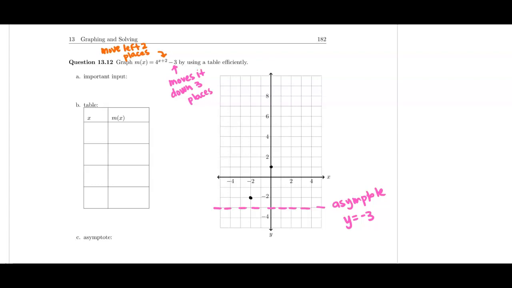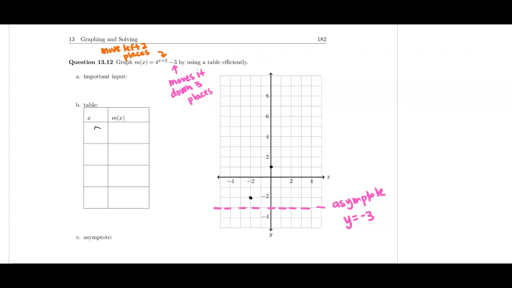So what used to be here has now moved down here, and it's going to be a graph that goes through that point. You could put in some different x values and figure out the y's like we did on the other one, and maybe we'll do just a couple of them here.